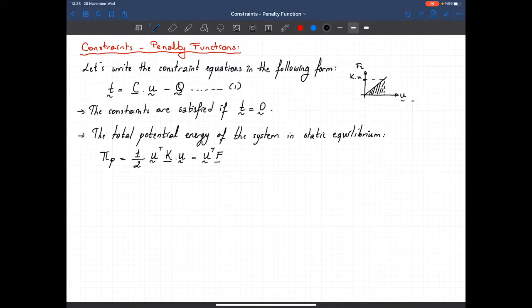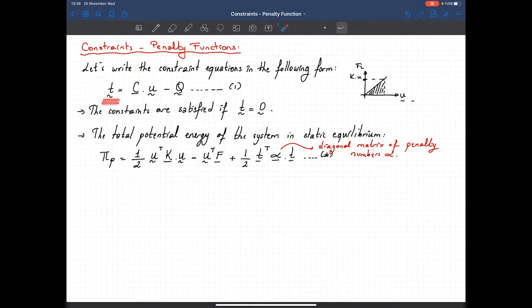Now what I'm going to do is add another term to it, plus 1/2 T transpose alpha times T. So this one is a diagonal matrix of penalty numbers alpha. Why did I do something like this?